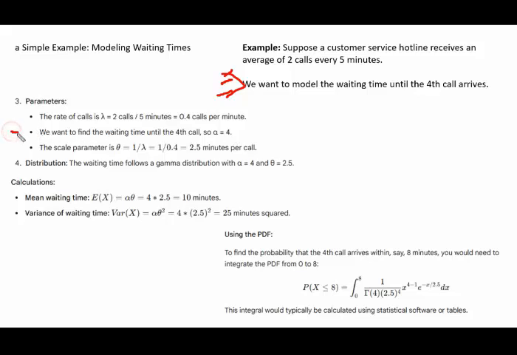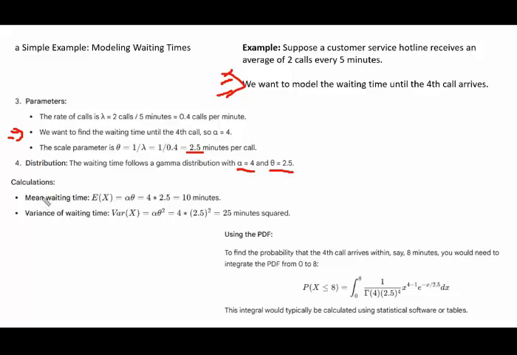This is our aim. The scale parameter is theta, which is 2.5 minutes per call. The waiting time follows a gamma distribution with alpha and theta.